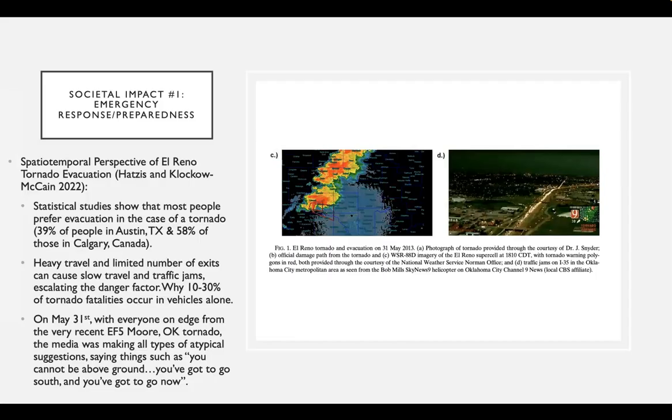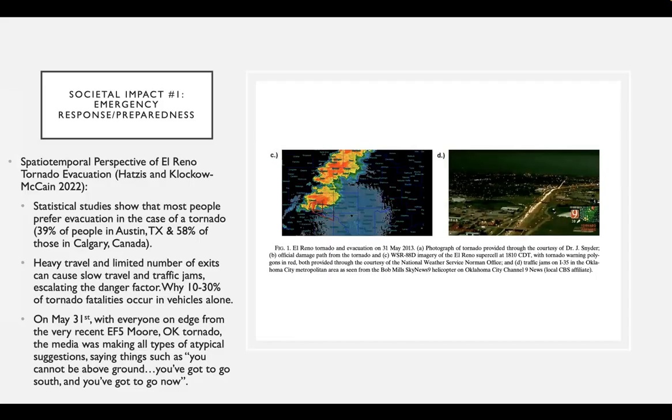You're supposed to shelter in place. So heavy travel and limited number of exits can cause travel and traffic jams, which makes the danger factor higher, and this is why sometimes up to 30% of tornado fatalities occur in vehicles alone.